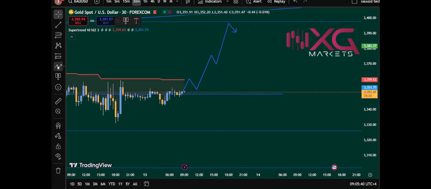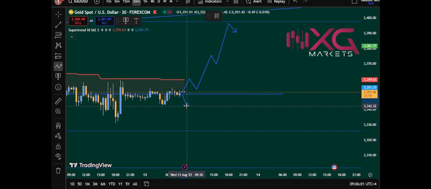Now, if the market is going on the downside or making a bearish movement, then if it closes below 3350, then we come down and the first take profit is around 3340 to 3342 or 43.